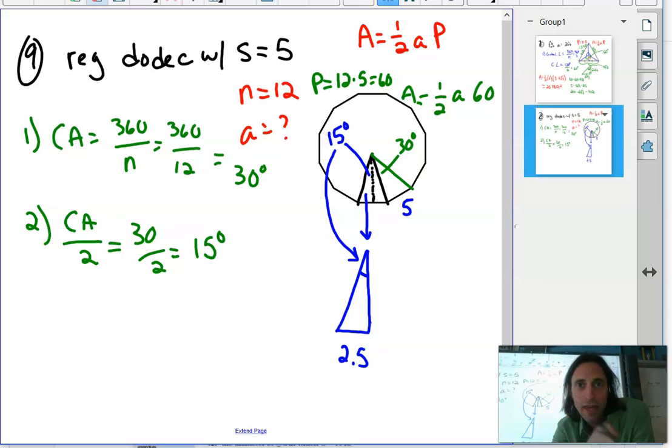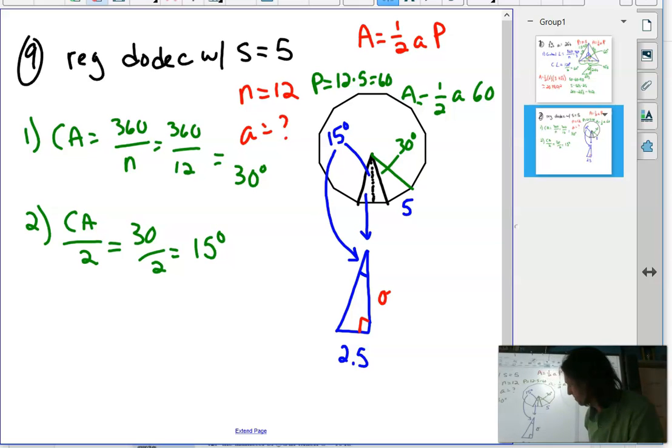And the reason I'm doing that is that vertical, the height, right, is perpendicular. So I end up with a 90-degree angle in each one of these triangles, and in this case, it's right here. So at this point, this is not a 30, 60, 90. It's not a 45, 45, 90. And also, what do I need? I need A. I need the apothem, the height of the side. I need this part right here.